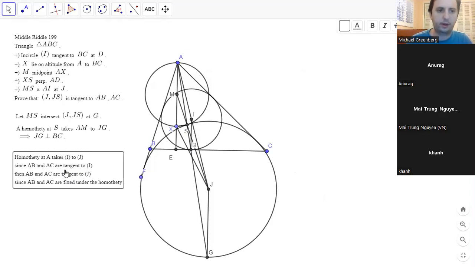So you have a homothety at S that takes this to this, and then a homothety at A takes that to that. Oh, so A, I, and J are collinear. That's the only thing. But we know that from the problem. So I think this is all I really need. So I'm going to move on.